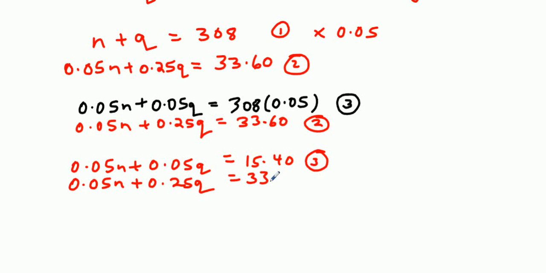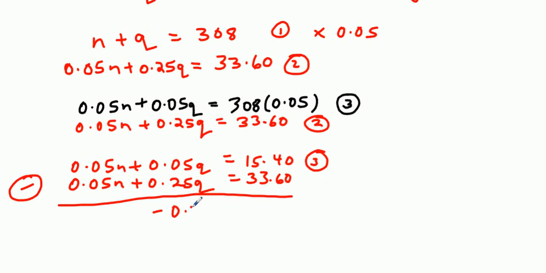is that one. All right, so now we're going to perform the operation of subtraction because these signs are the same, same sign, subtract. 0.05 minus 0.25, just do that on your calculators, but it's minus 0.2 Q is equal to, and then when I subtract that, I get minus 18.2.